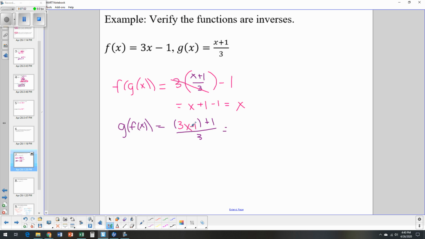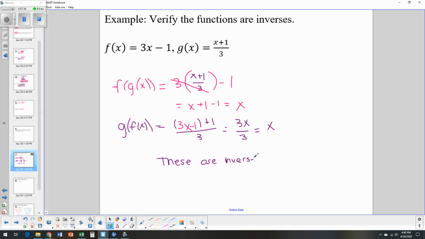So that means the top is 3x minus 1 plus 1. The minus 1 and plus 1 cancel. So we're left with 3x over 3. And now 3 over 3 is really 1, so it's just x. So f of g of x equaled x, g of f of x equaled x. These are inverses.